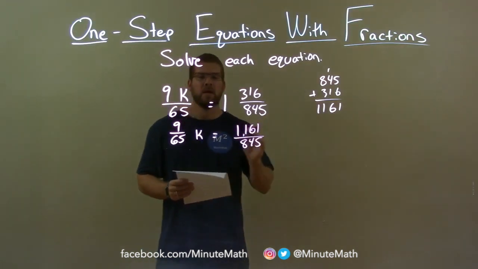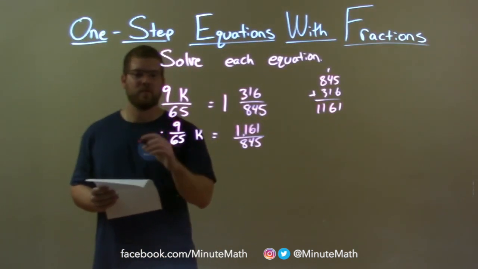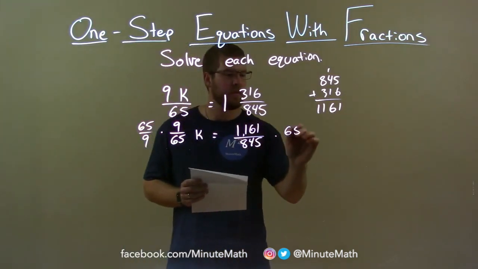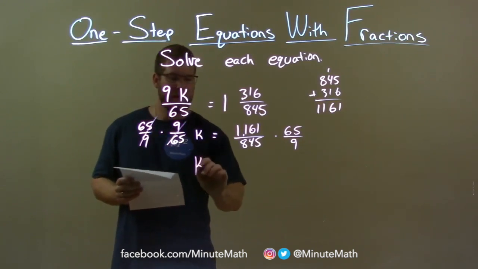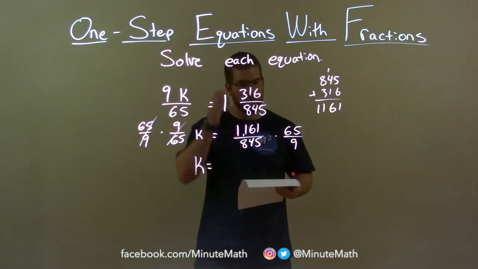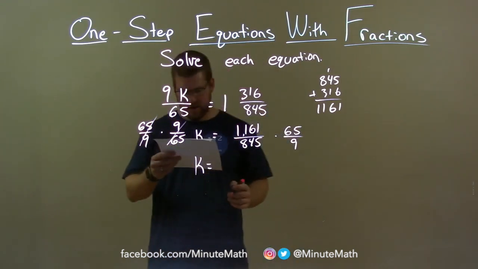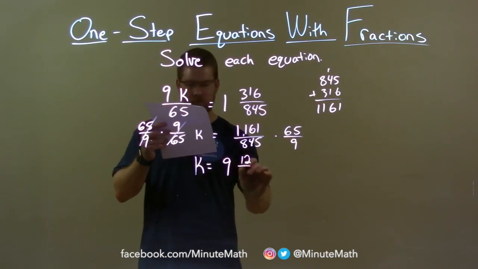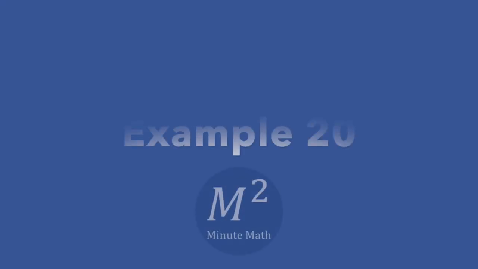All right, now to get k by itself, same process as before, we multiply both sides by the reciprocal, 65 over 9. That eliminates this on the left, giving me k by itself, and 1,161 over 845 times 65 over 9 simplified just comes out to be 9 and 12 over 13. And there is our final answer.